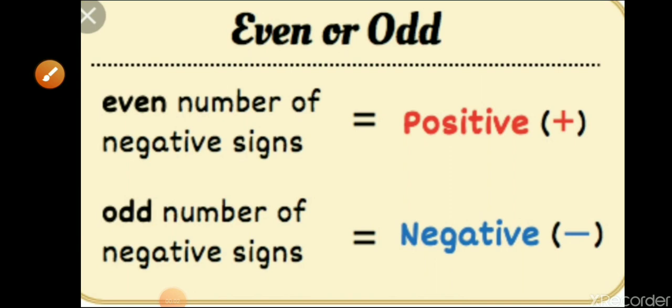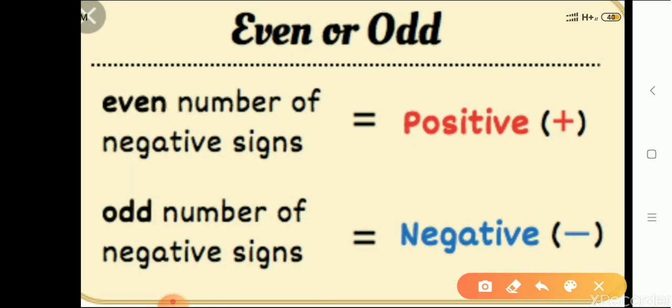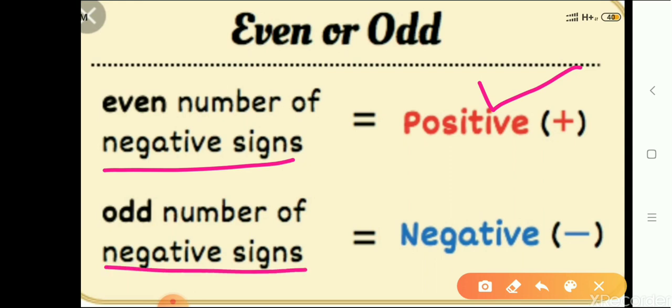So in short we can say an even number of negative signs gives us positive, and an odd number of negative signs gives us negative. Hence, when the negative signs come an even number of times, it will be a positive result, and when the negative sign comes an odd number of times, we will get a negative result.